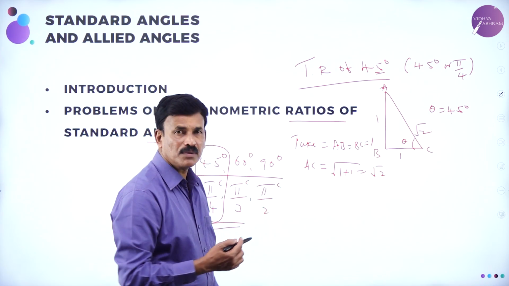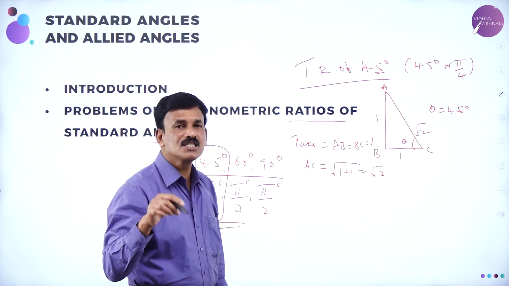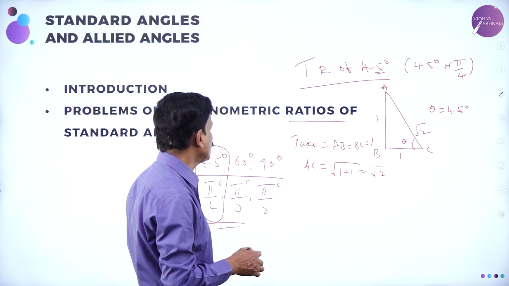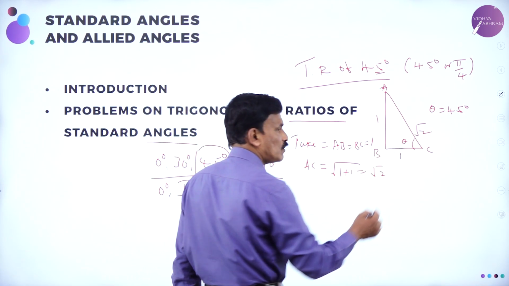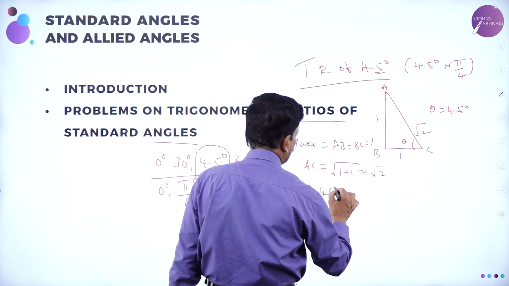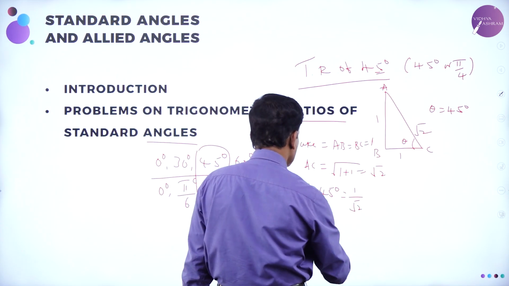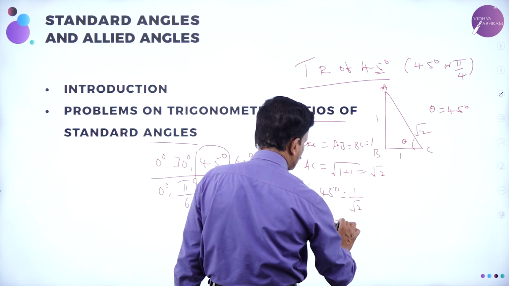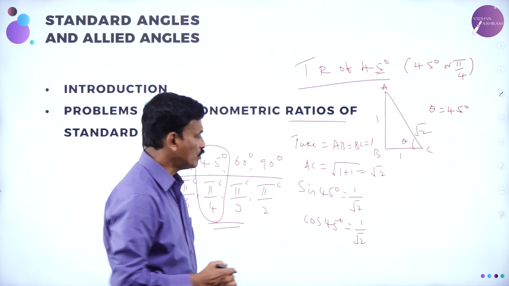Then AC, if you apply the Pythagoras theorem, is equal to root of AB square plus BC square, so 1 plus 1, which is root 2. Now the 6 trigonometrical ratios: sin 45 degrees is opposite by hypotenuse, 1 by root 2, and cos 45 degrees is adjacent by hypotenuse, also equal to 1 by root 2.